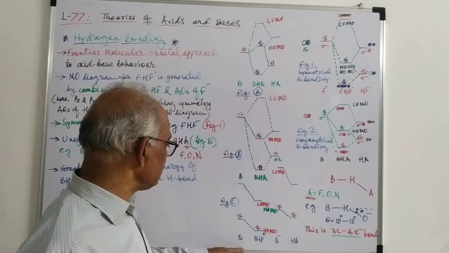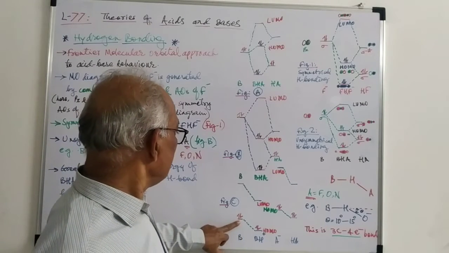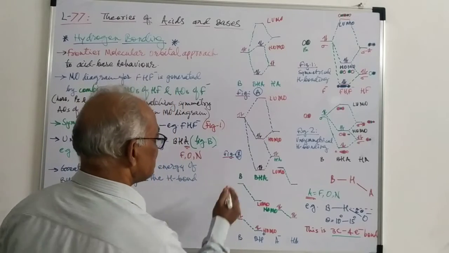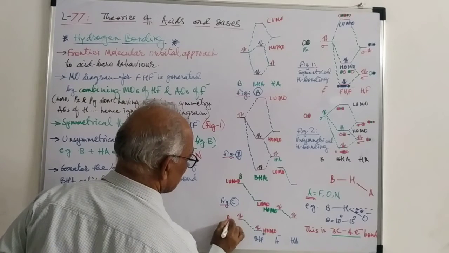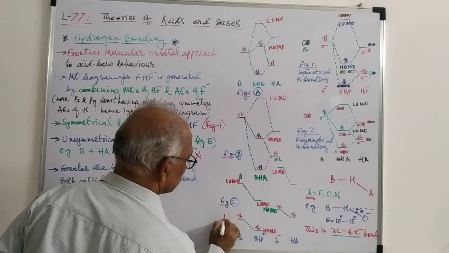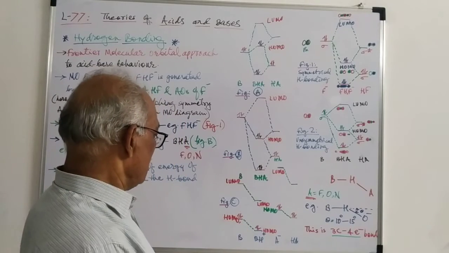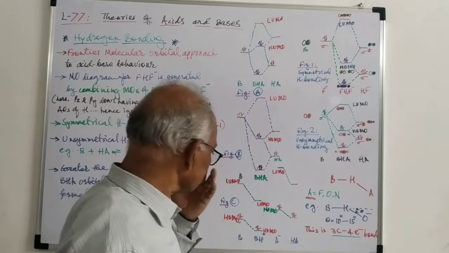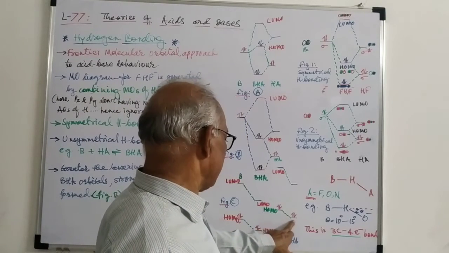So here you will find this boron HOMO and this boron HOMO. So we can also mention here that these are the HOMOs. This is HOMO. So the HOMO of boron and this HOMO of A or HA.